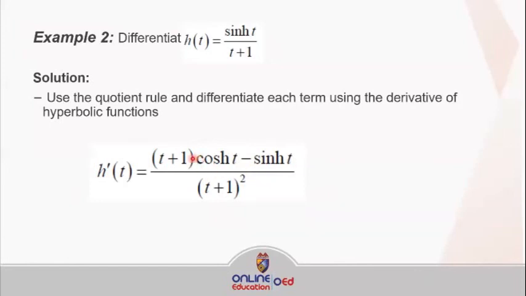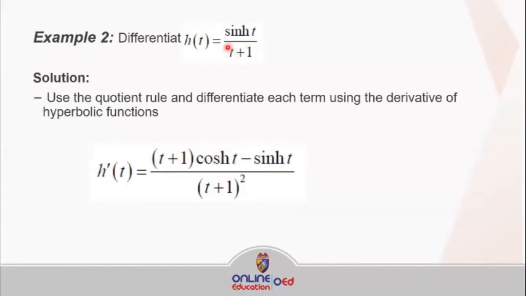Again, for this problem, sabi natin, yung v muna natin. Yung v is t plus 1. Ito siya, yung t plus 1 natin. And for the derivative daw ng sinh t, equivalent lang siya sa cosh t. Minus ng u natin, u is sinh t. Then sinh t times nung value natin ng derivative daw nito ng t plus 1.